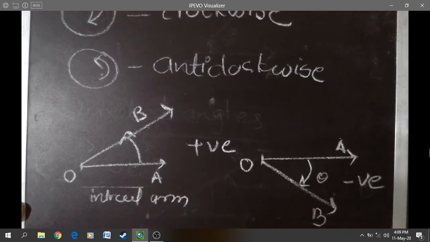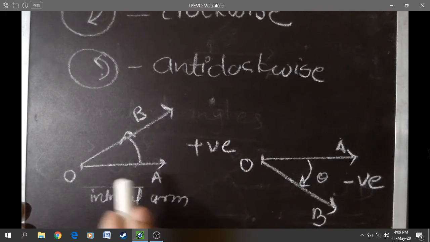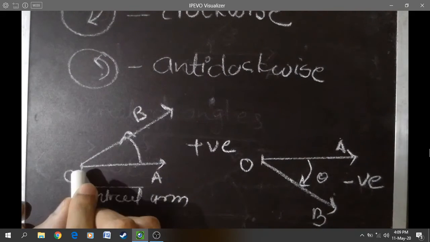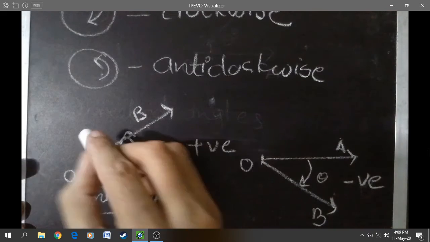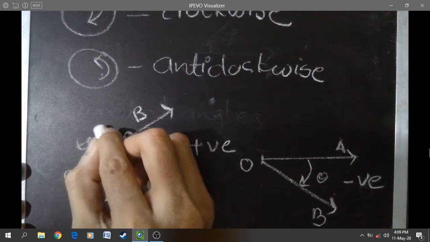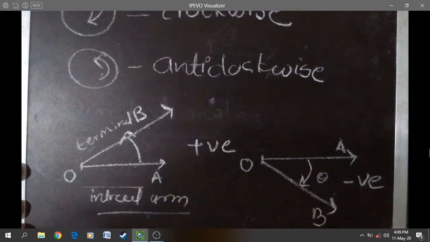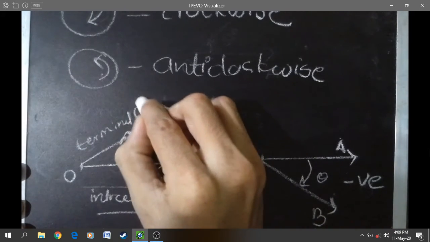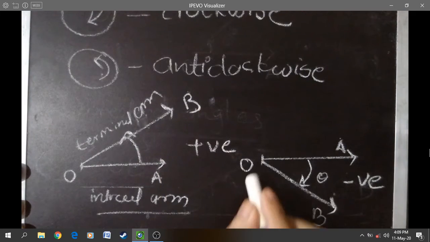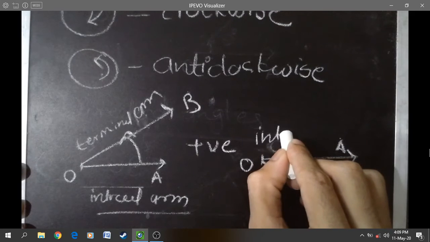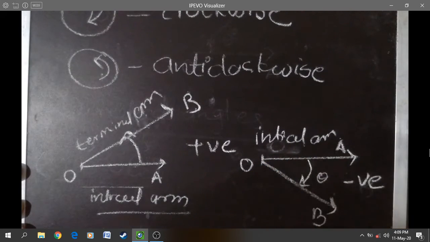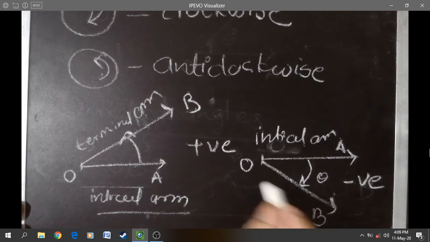What we said in the definition is that it should be an ordered pair. The first, OA, is the initial arm and OB is the terminal arm. Similarly here, OA is the initial arm and OB is the terminal arm.